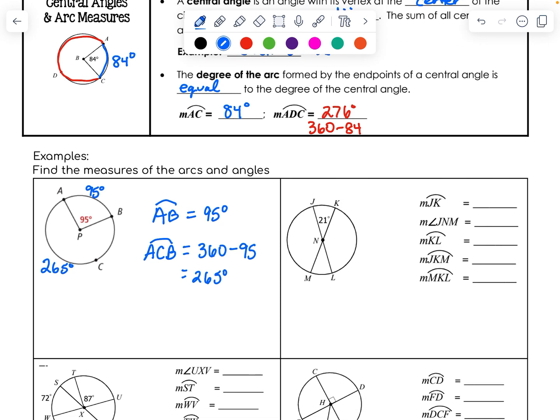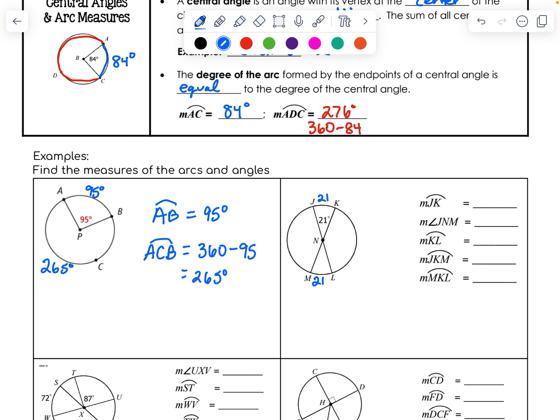Now, if you go to the second example, what I like to do is figure out the different parts before I go look at the other side, okay? They tell us right here that this angle is 21 degrees, that's the central angle, so that means this arc out here is 21 degrees. And if I work across the circle this way, we know these are also vertical angles, so this would be 21 degrees as well.